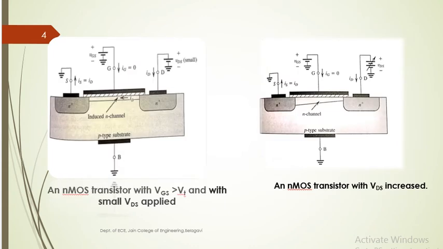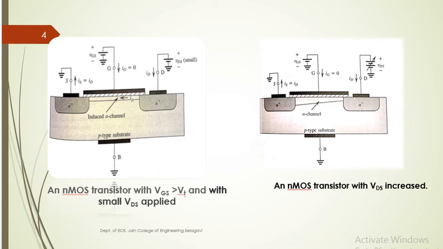Now when VGS is greater than VT and small VDS is applied, by applying positive gate voltage, you are attracting negative charge carriers to the surface. As you go on increasing VGS value, the number of charge carriers coming to the surface also increases. So when you apply VDS, there is a potential difference along this channel; source is connected to ground, drain is connected to a positive voltage.